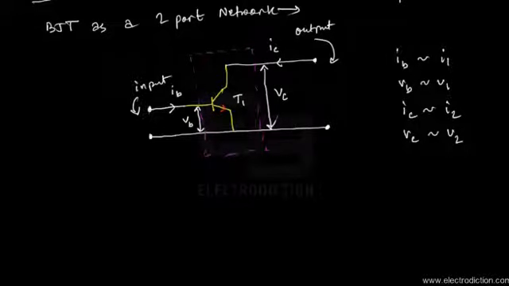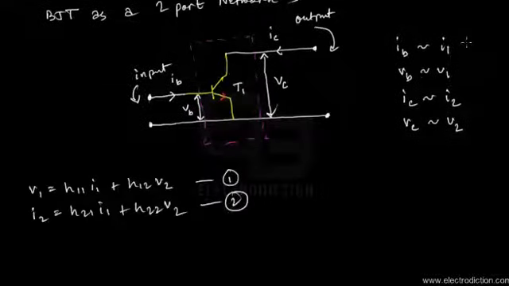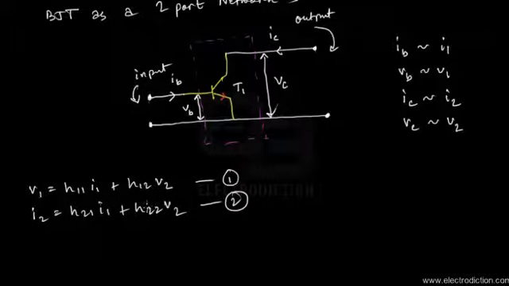Now let's write down the two equations. These two equations are not generalized anymore when we're treating the BJT in terms of the H parameter model, so the subscripts should change according to our BJT model.